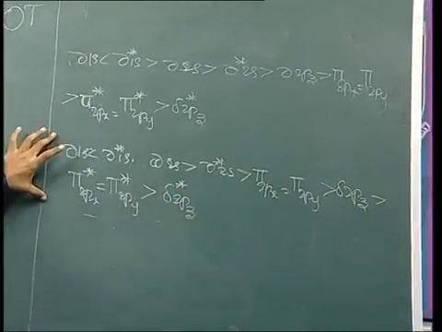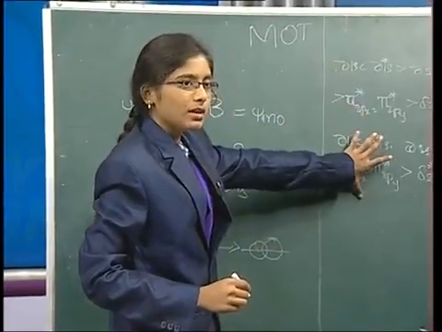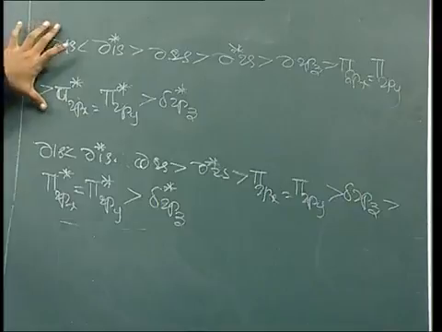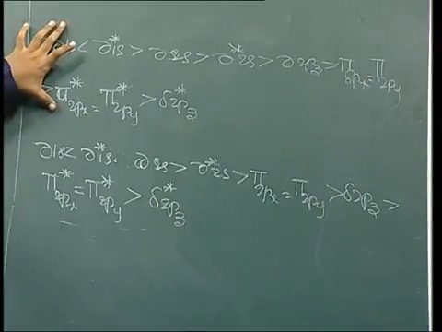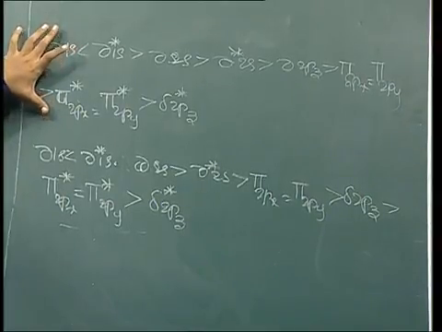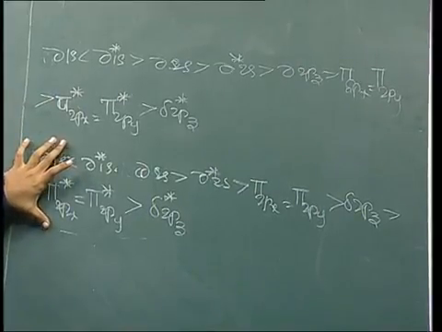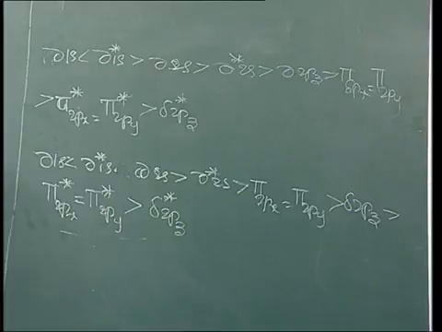The former order is only correct for heavier elements like oxygen, neon, fluorine. This one is only correct for lighter elements like hydrogen, boron, beryllium, carbon, nitrogen, etc.